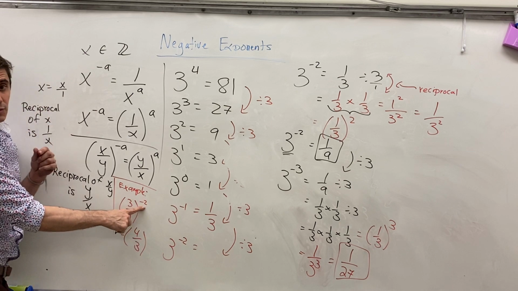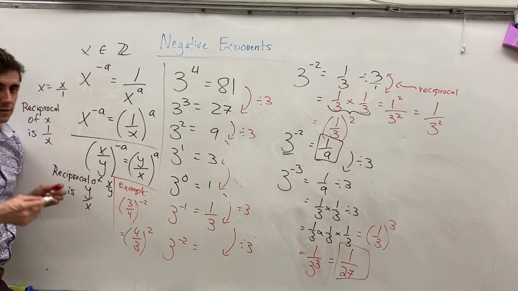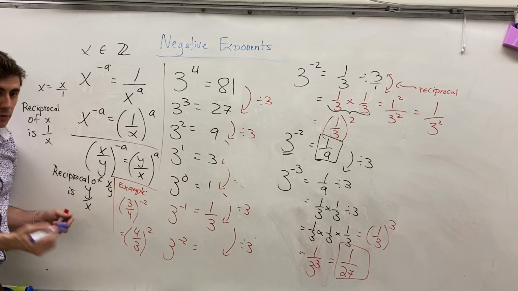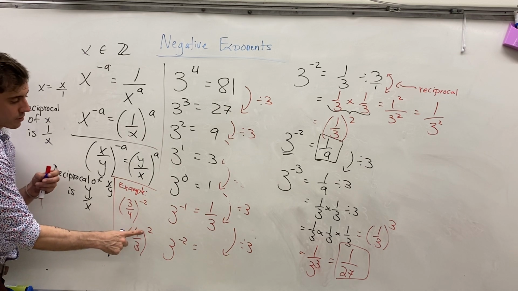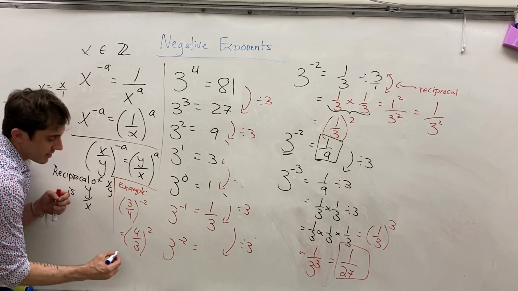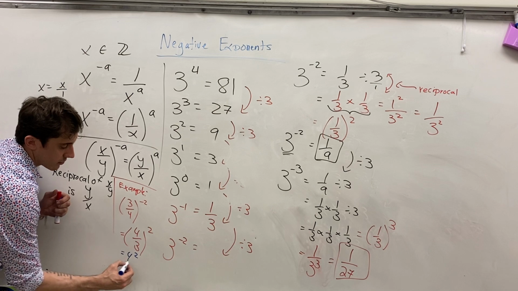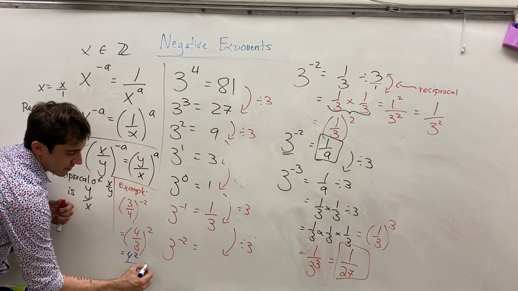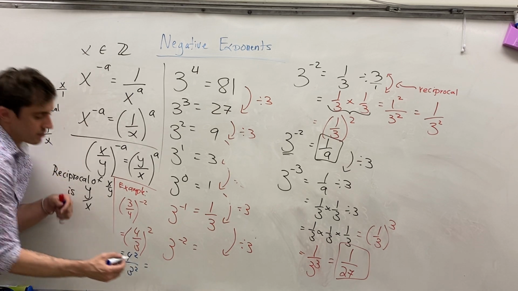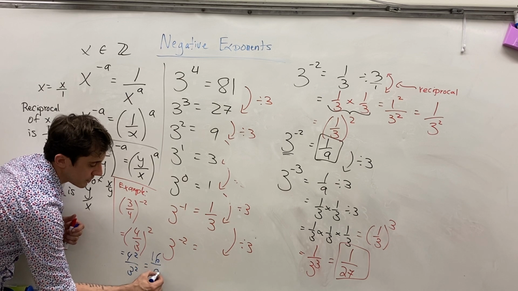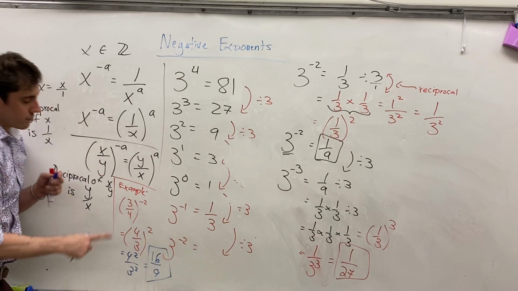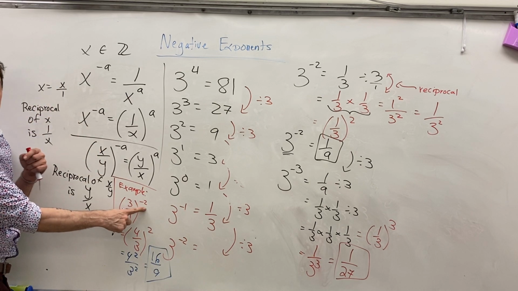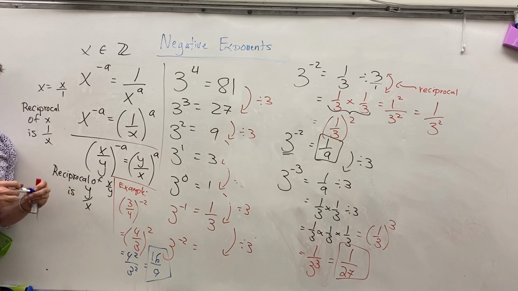And now the negative 2 in the exponent becomes a positive 2. Okay? And now we can use our exponent laws. We know that 4 over 3 all squared can be written as 4 squared over 3 squared. And 4 squared over 3 squared, we know, is simply 16 over 9. And so 3/4 to the power of negative 2 is equivalent to 16 over 9.